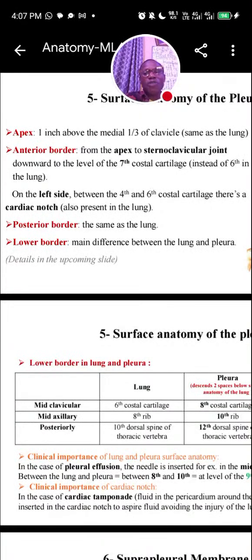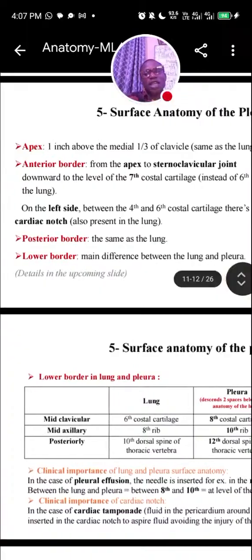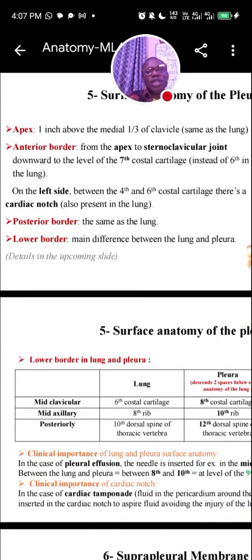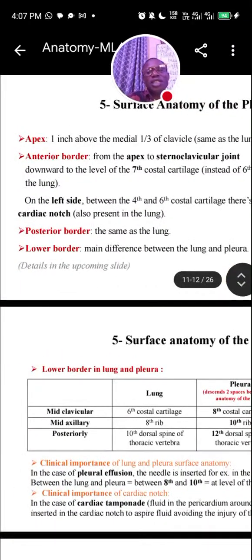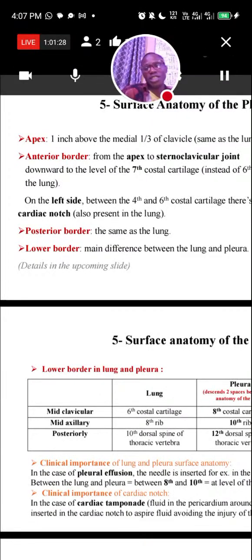Anterior border from the apex to the sternoclavicular joint, downward to the level of the 7th costal cartilage, instead of 6 in the lungs. On the left side, beside the 4th and 6th costal cartilage, there is a cardiac notch, also present in the lungs, where the heart comes to insert its ventricles.